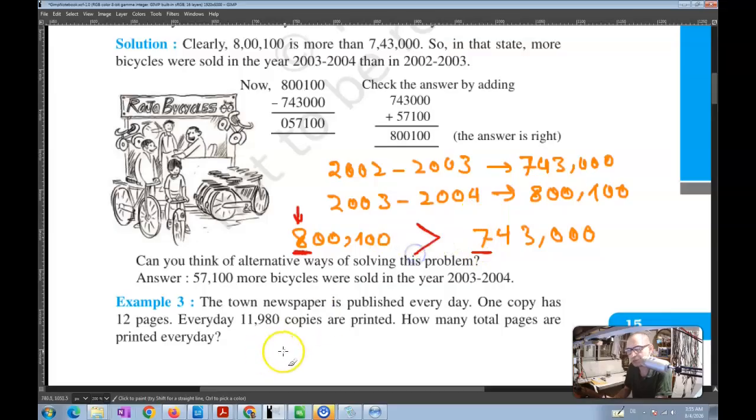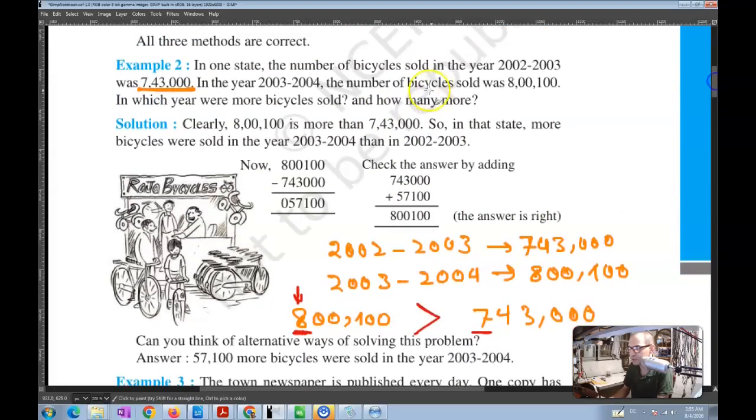So of course this number is greater, right? But then by how much? The question also asks in which year more bicycles were sold and how many more.